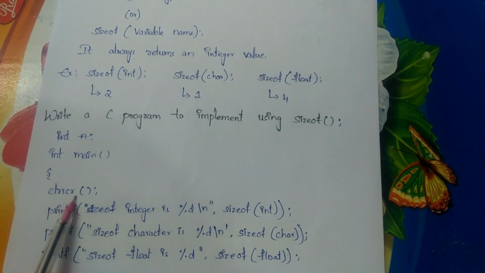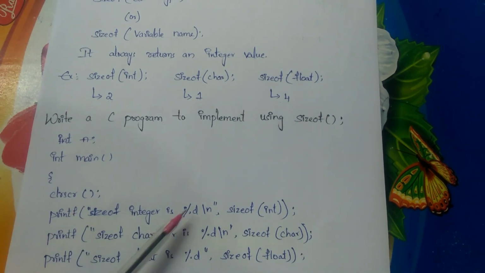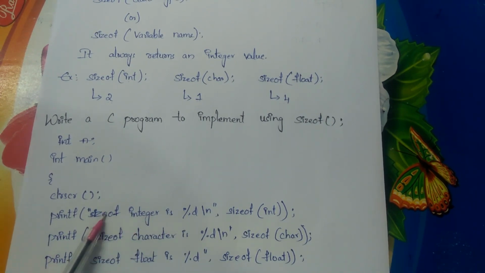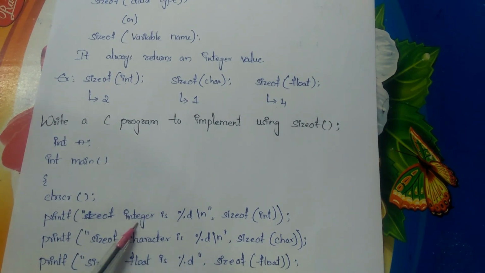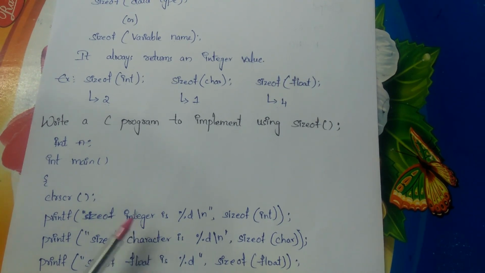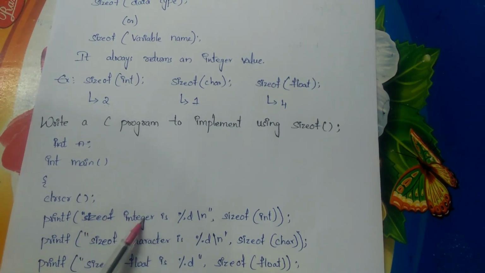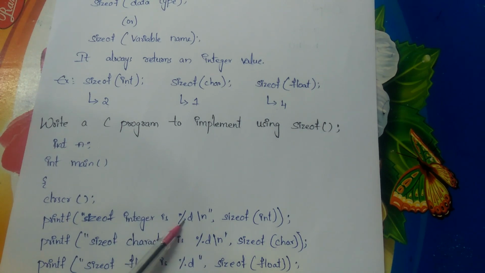First clrscr, then printf size of integer is %d. Now I want to get the size of the integer, it means how many bytes of memory the integer data type takes. I don't know how much it takes. So for that, if I use this sizeof operator, then I can easily get the bytes for the integer.